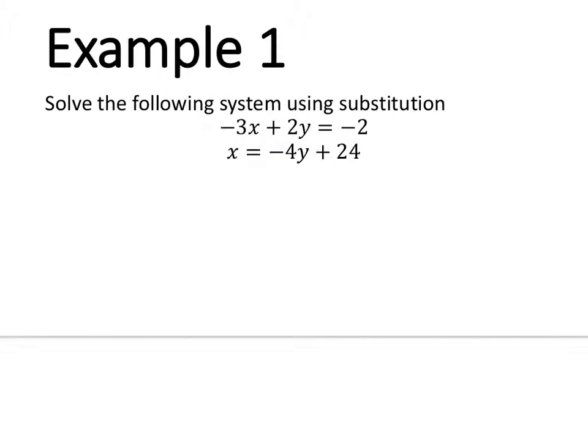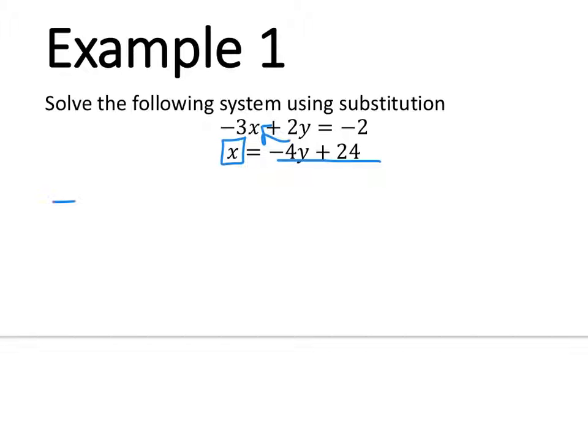So our example is solve the following system using substitution. I have -3x plus 2y equals -2, and then I have x equals -4y plus 24. Notice that this x here is already by itself. So I'm going to take what it equals, and I'm going to put it in place of my other x.